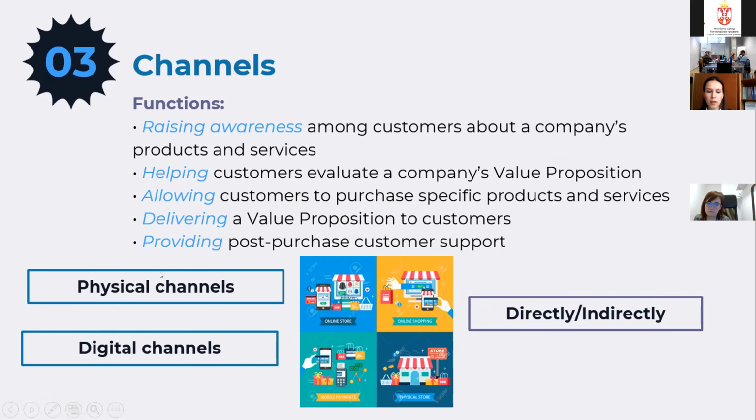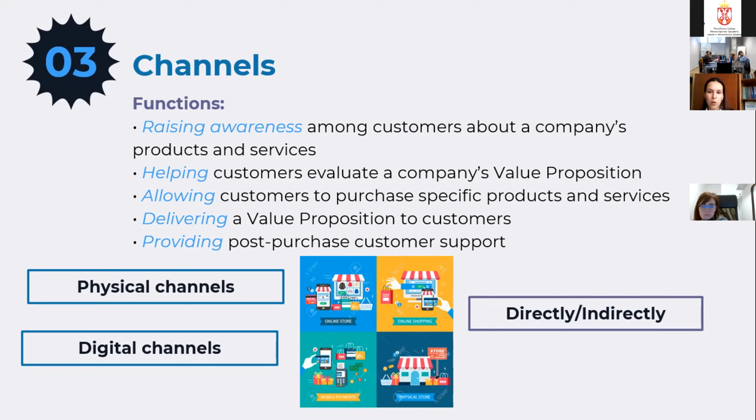Is it going to be a physical channel like stores, or a digital channel like mobile applications, cloud, website, or a combination, which is very usual? Also here we must answer the question of how we are reaching our customers: directly through our own people or indirectly through our key partners.